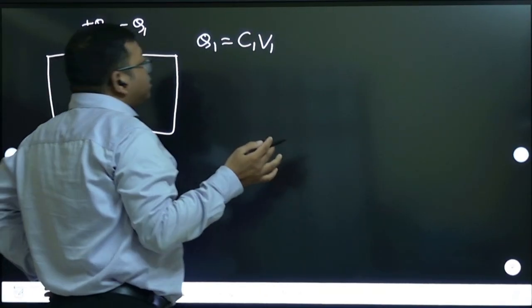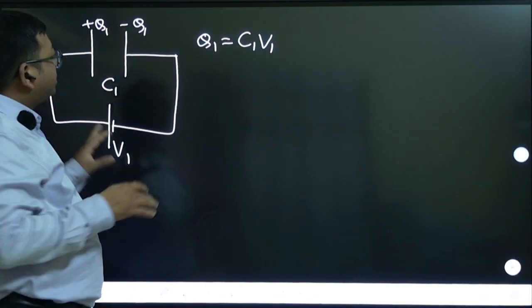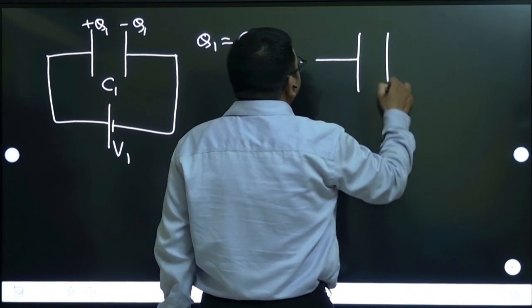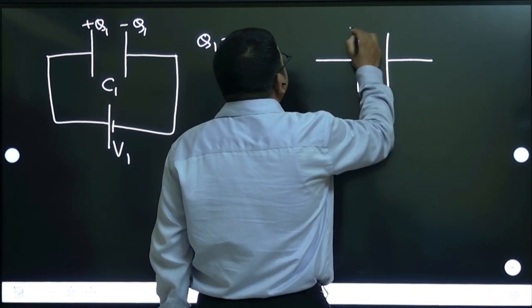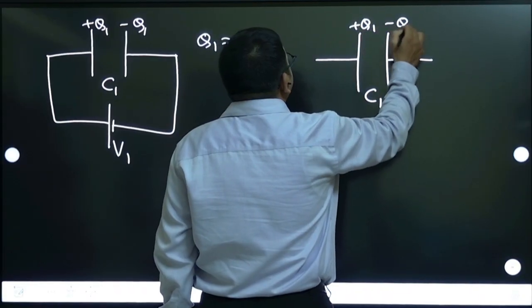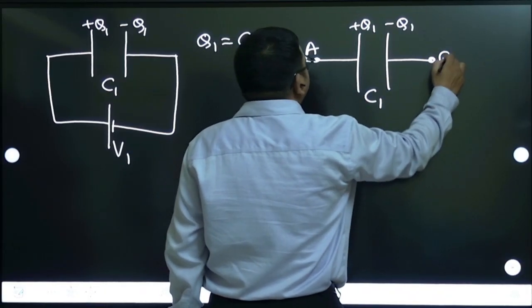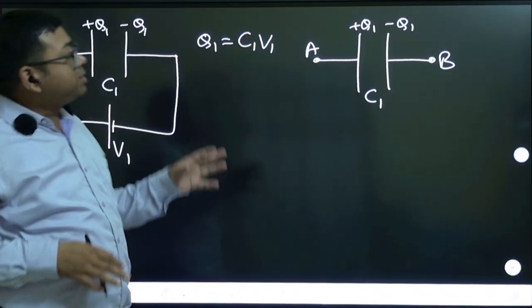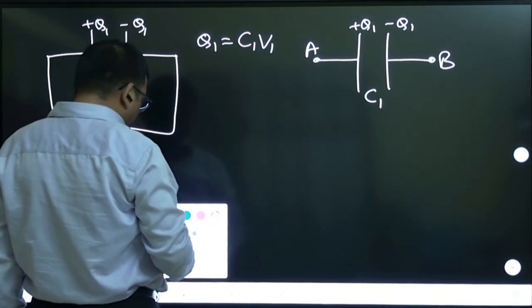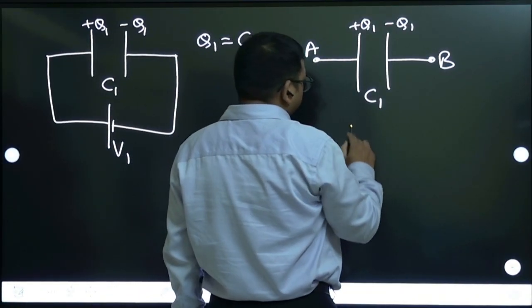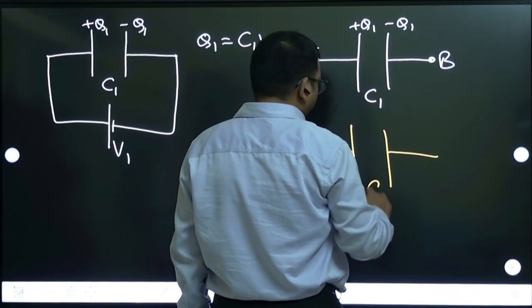Now after that, let us disconnect the battery. Battery is disconnected. So this capacitor C1 has this plus Q1 minus Q1 charge. Now this battery is disconnected. After disconnecting this battery, you are now connecting it with another capacitor. Identical or a different capacitor, let us take. Its capacitance is C2.